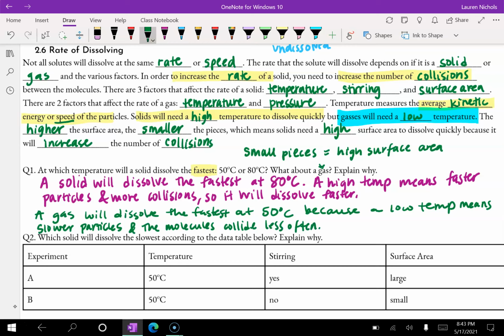Now, I could have worded it exactly the same way as I did as a solid, just in opposite, but I wanted to show you a couple different ways that you could word your sentences. Remember, they don't have to be exactly like how I wrote it, but you want to have the same ideas.